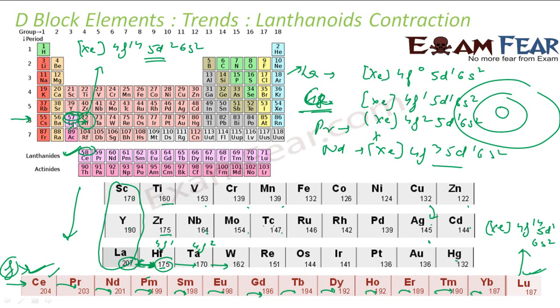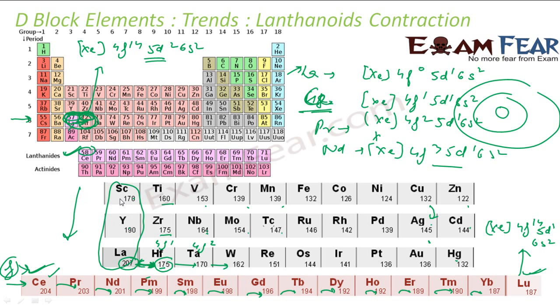Now, since we were at lanthanum, the size was 207, and then since all these orbitals got filled, and we came back to the d orbital at atomic number 72, hafnium, we found that the atom size has already decreased a lot, and this decrease is called lanthanide contraction.